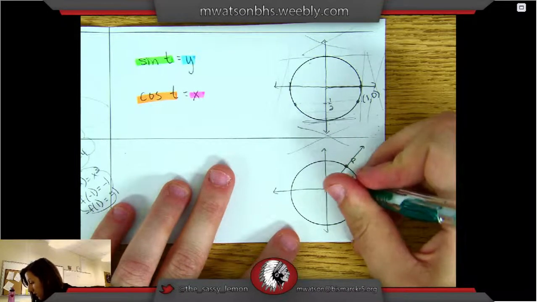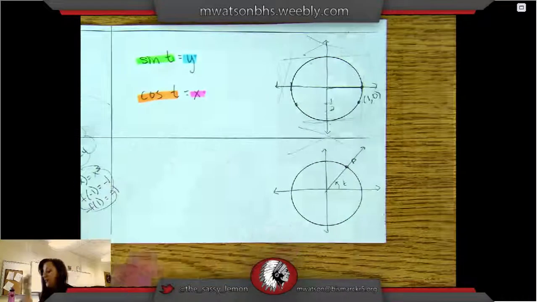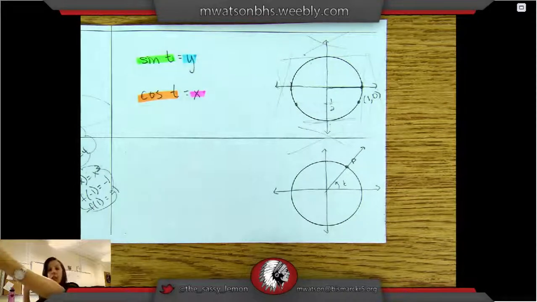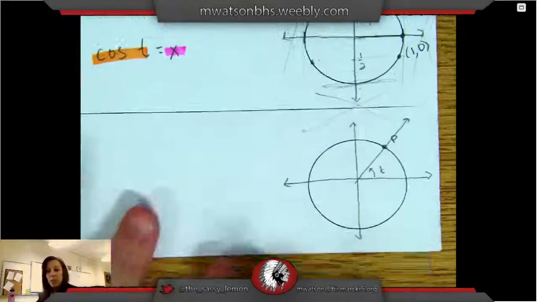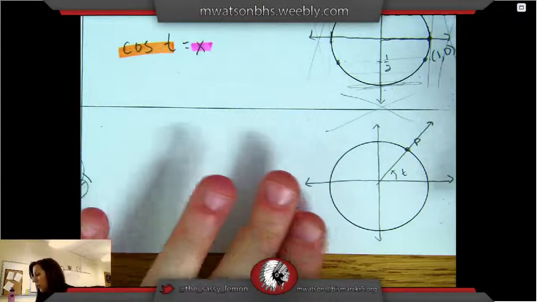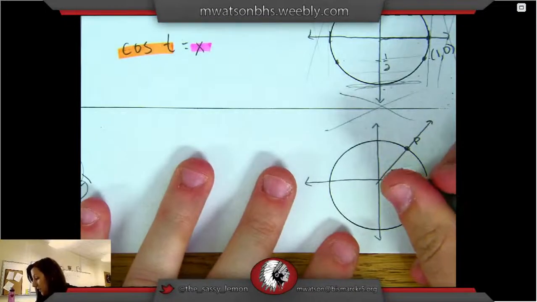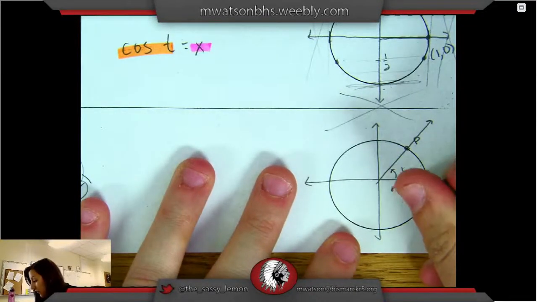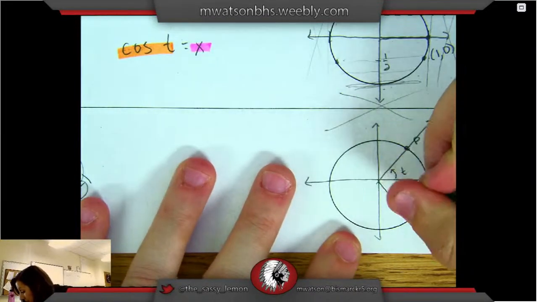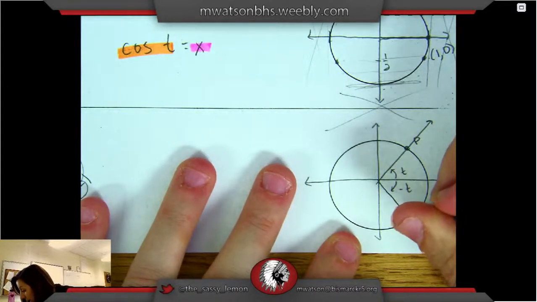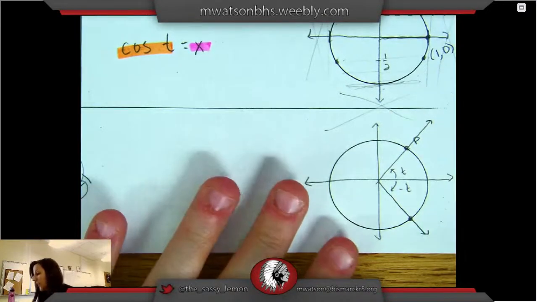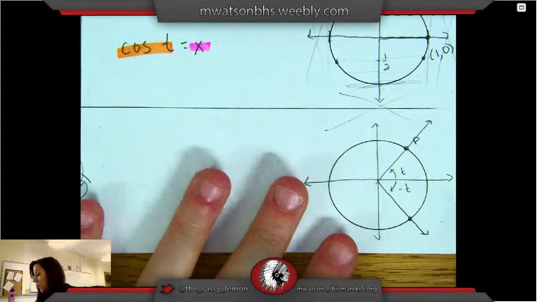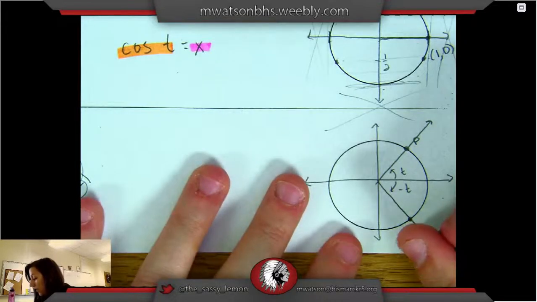And we're going to go T radians over. I'm going to zoom in a little bit. But let's also put another angle going -T radians. So it's the same size angle, just going in the negative direction. And we're going to call the point that lands on the circle Q.